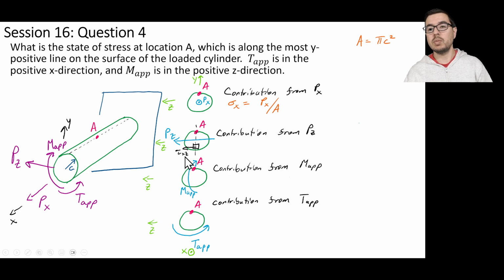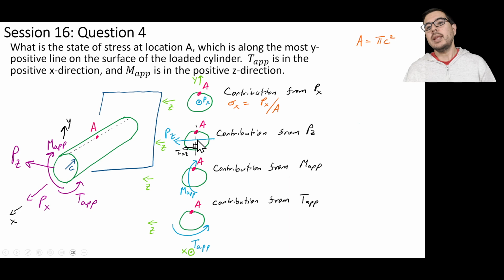The maximum transverse shear stress for a beam is along the neutral axis. So A falls on that neutral axis. You may think, well, this neutral axis is vertical. Well, just rotate Z to be in the y direction, and you'd see this is typical of what we expect for a neutral axis in a beam bending problem, where the neutral axis is horizontal.